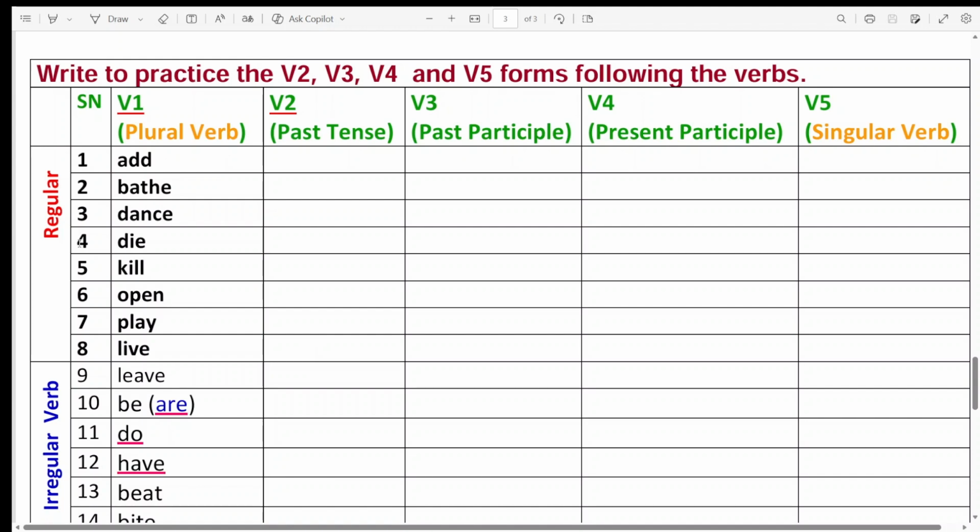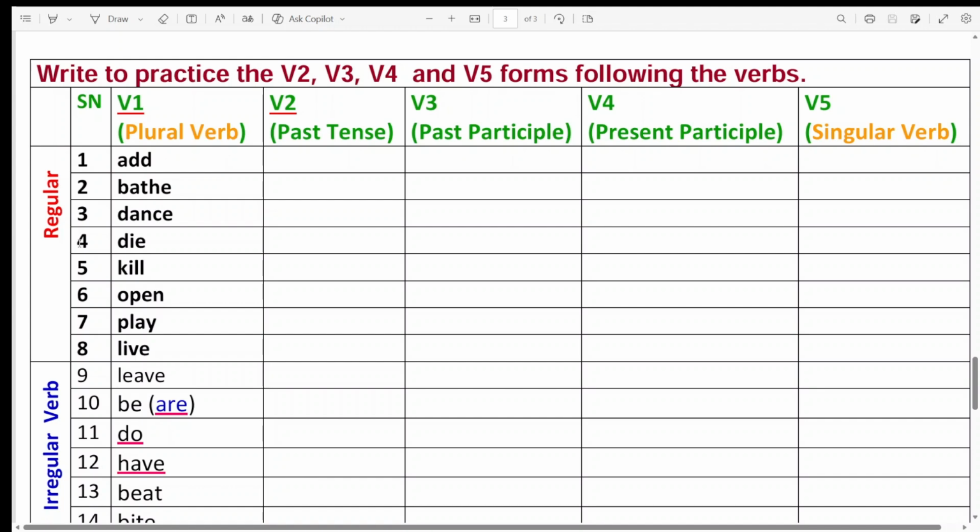Here you have to do nothing. Just in your exercise book, draw only five columns. Then practice all these verb forms and mark all the spellings there.